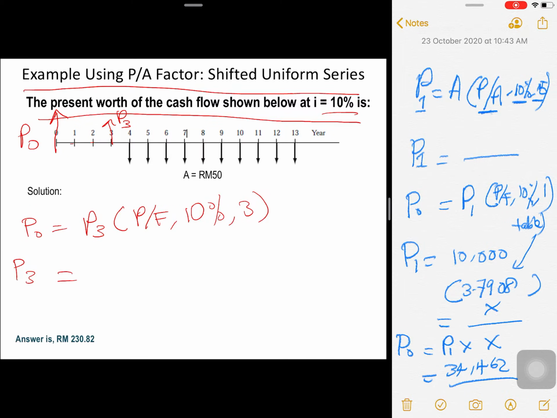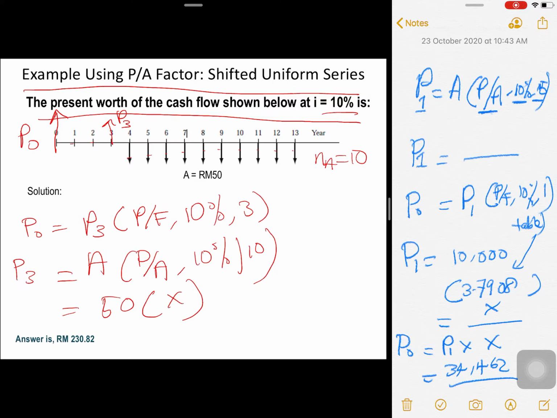Okay, so how do we solve for P3? P3 is equals to A times P over A. 1, 2, 3, 4, 5, 6, 7, 8, 9, 10. So n equals to 10, 10%, A equals to 10, and you get the value.